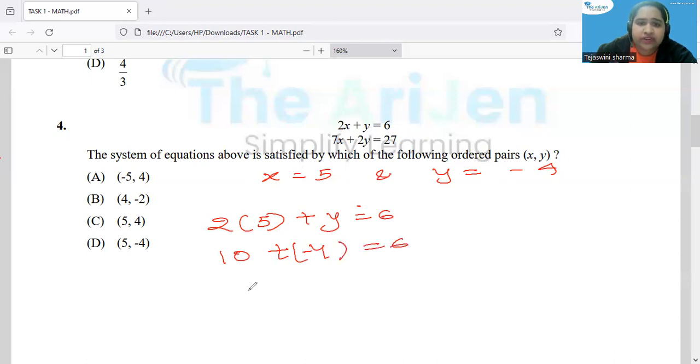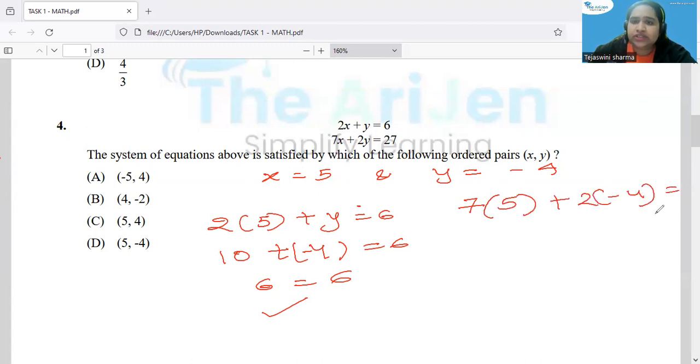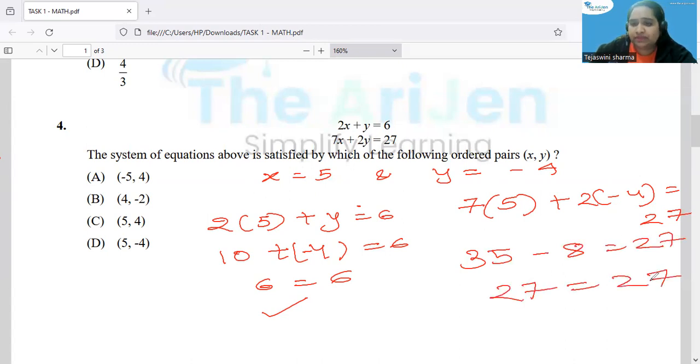When you solve it, you will simply get 6 equals 6, which is satisfied. And in the other equation, you will get 7 multiplied by 5 plus 2 into -4 equals 27, and it is 35 - 8 equals 27, and 27 equals 27, right?